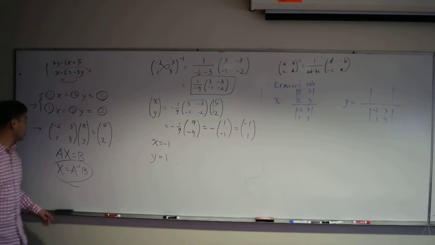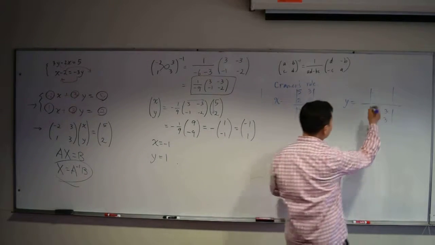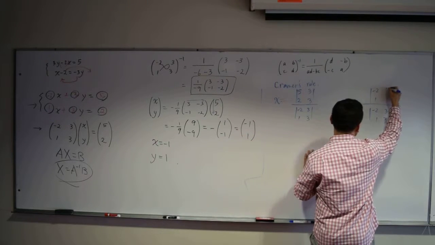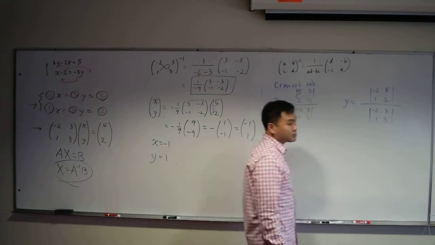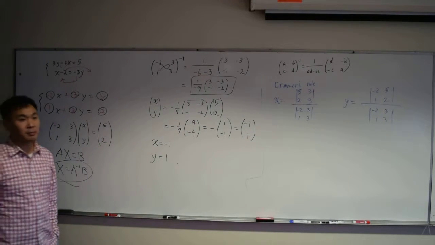And for y, you would switch out the second column, so it would be negative 2, 1, that's the same, but the second column will be 5, 2. That's called Cramer's rule.